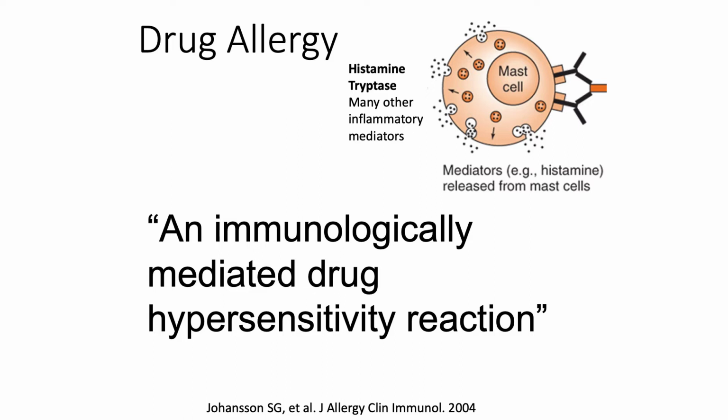Someone had a previous history of penicillin use, became sensitized. They formed IgE antibodies to that penicillin. Those IgE antibodies sit on a mast cell, and the next time you give penicillin, those cross-link and the mast cell activates, and you get everything that we think about with immediate allergic reaction, all the way to possible anaphylaxis.